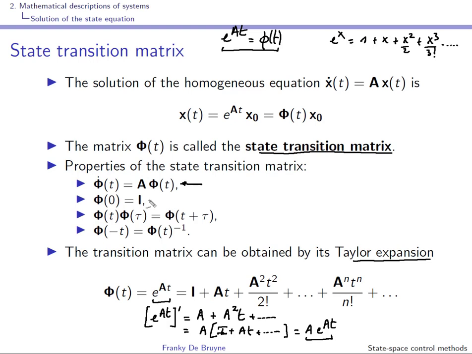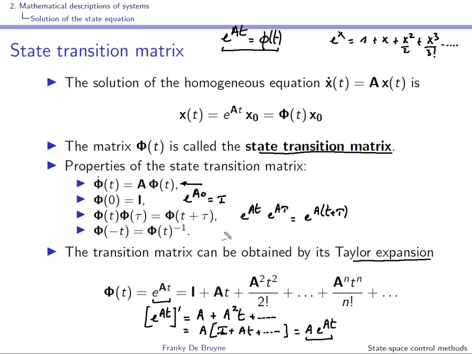This simply says that the exponential of A0 is the identity matrix. This says that if you multiply exponential of At and the exponential of A tau, what you obtain is the exponential of A(t plus tau).